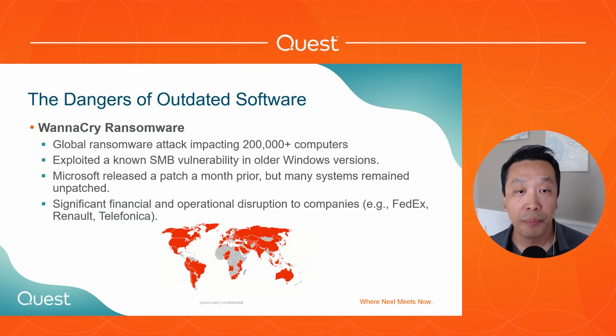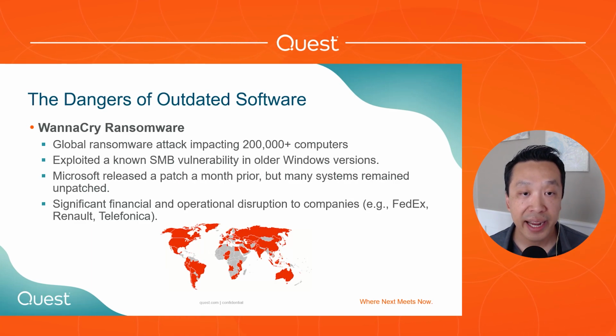The UK's National Health Service, they had over 70,000 devices affected, and this is a health institution. So surgeries were impacted, emergency care was disrupted, people's lives were in danger because of this outage, right? And also other big companies like FedEx or Renault and Telefonica and Boeing and things like that.